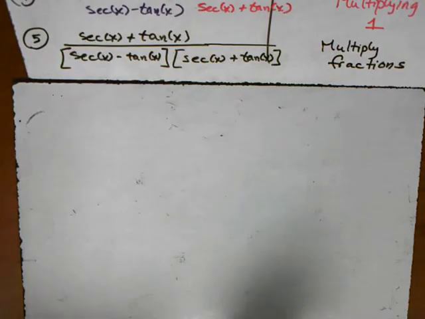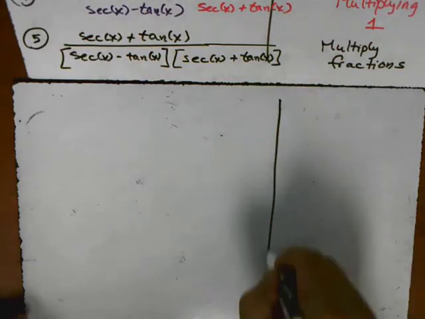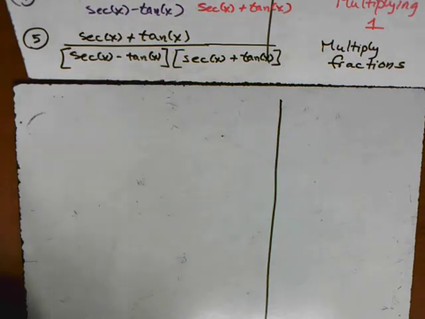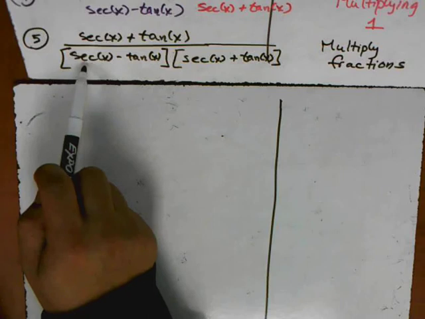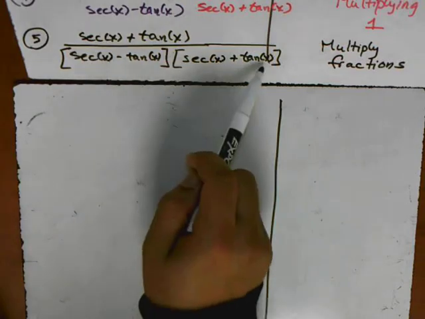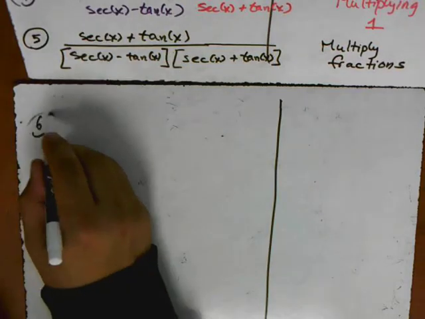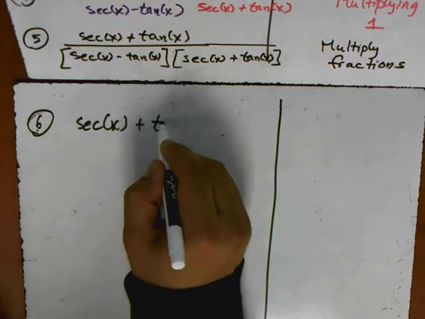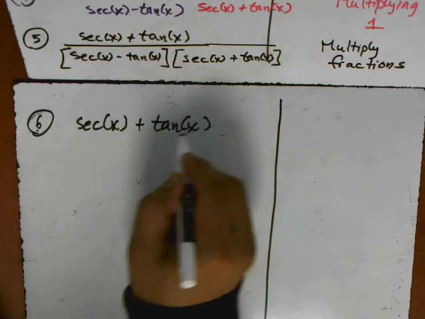So continuing with the proof now, I got it up to this point and it's pretty complicated, and I'm actually going to make it even more complicated by foiling or distributing the denominator here. So my numerator stays exactly the same. I have secant of x plus tangent of x.